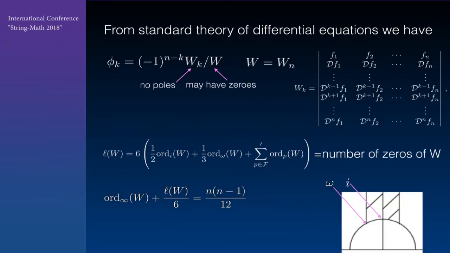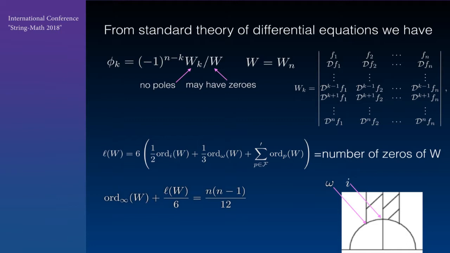And to understand the relationship, well, from the standard theory of differential equations, you can express the coefficient functions in terms of a ratio of sort of partial Wronskians over what's often called the modular Wronskian, defined here. So W_k can't have any poles, but W may have zeros.